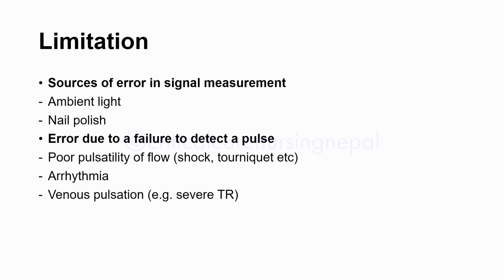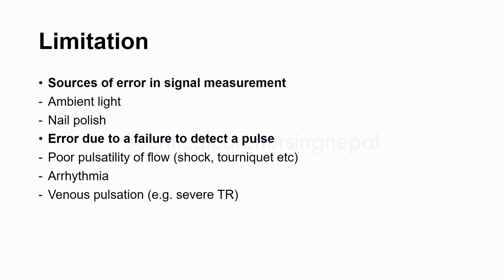Other limitations of pulse oximeters are errors due to failure to detect the pulse, like in poor pulsatility of the flow, for example in shock or while using a tourniquet, patients with arrhythmia, or venous pulsations, for example in severe tricuspid regurgitation. What happens in poor pulsatility?